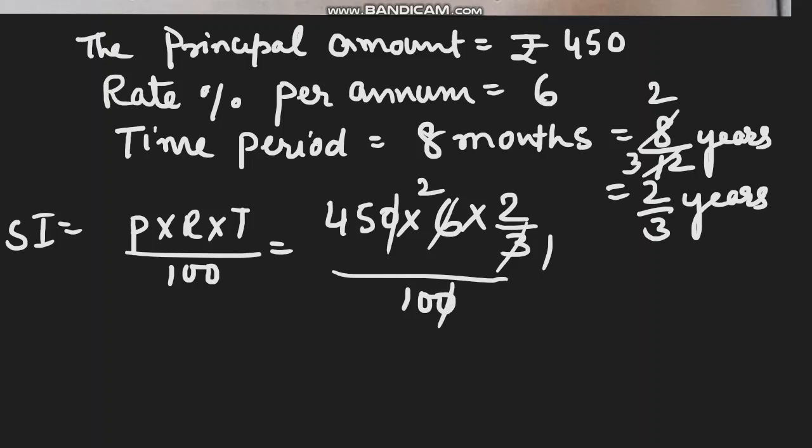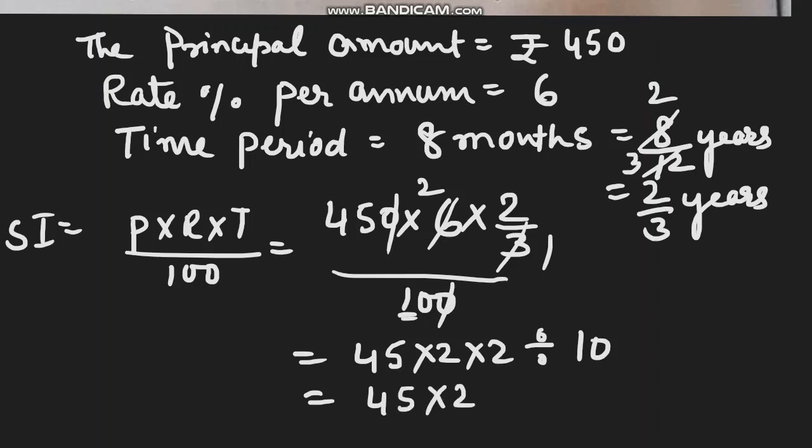Now आगे कैलकुलेट करने से पहले इसको थोड़ा सिंप्लीफाई कर लेते हैं. ये क्या हो जाएगा 45 into 2 और this 10 is divided by 10 है, तो this divided by 10. Now in the next step you can make it 45 into 2 into 2 into 1 by 10. Now see here 2 1s are 2 and 2 5s are 10.